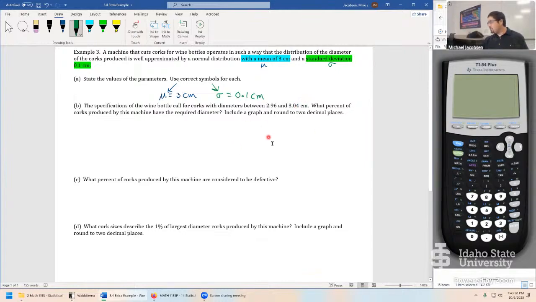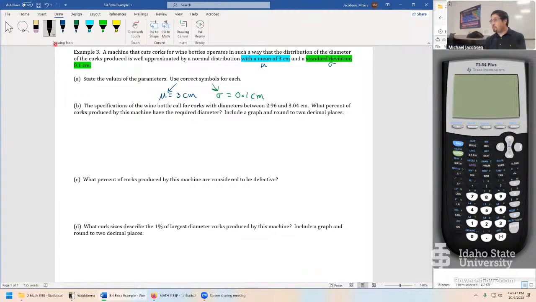This question is kind of interesting, because the mean was 3 centimeters. That's 4 standard deviations to the right at 3.04, and 4 standard deviations to the left at 2.96. The 68, 95, 99.7 rule already said 99.7% was within 3 standard deviations. So this is going to be a number pretty close to 100%.